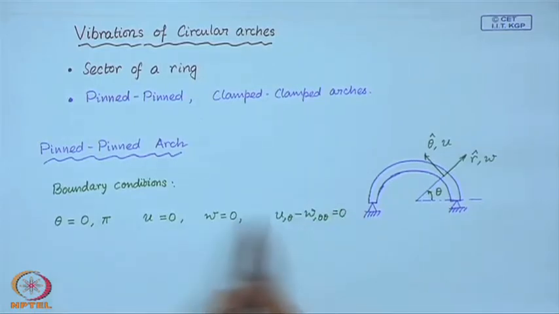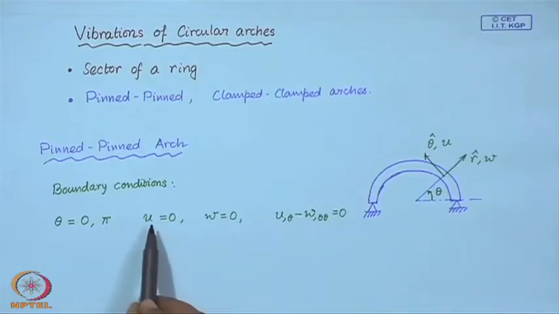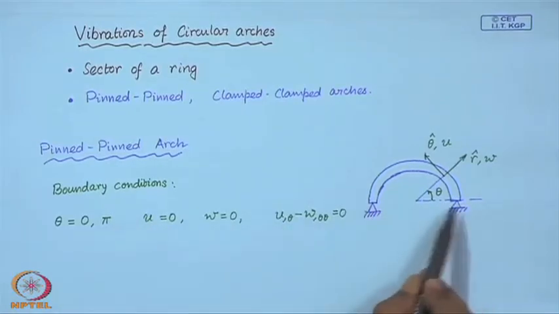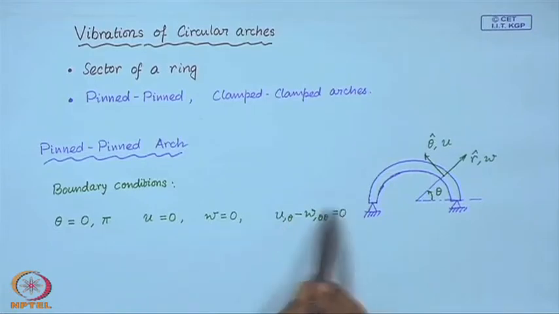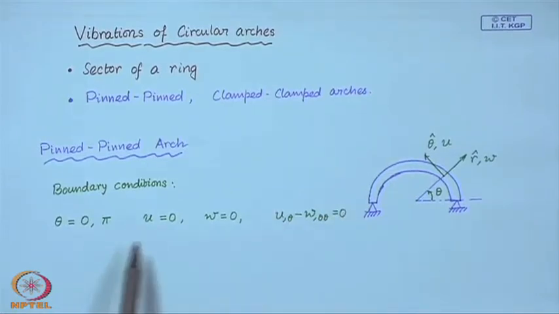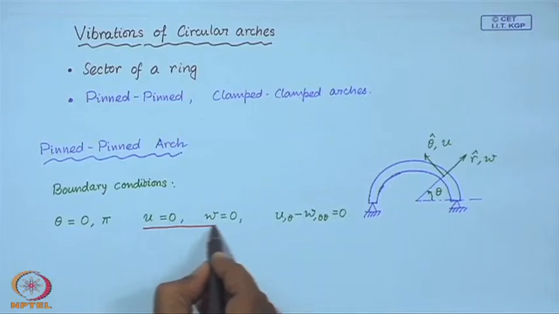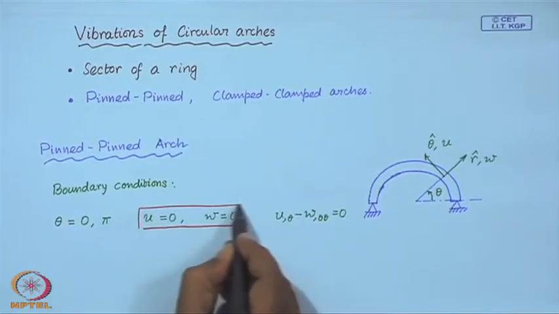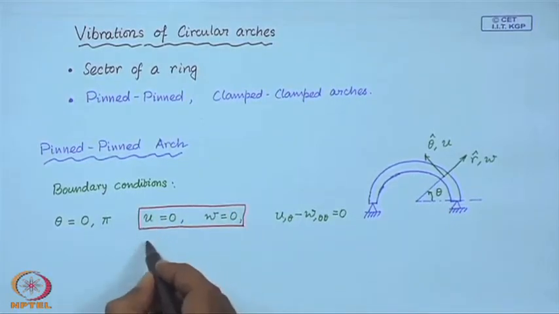So we have 6 boundary conditions as we had discussed. Here we have 0 displacement at these 2 points, and this is the 0 moment condition at these 2 ends. So we have these as the geometric boundary conditions.